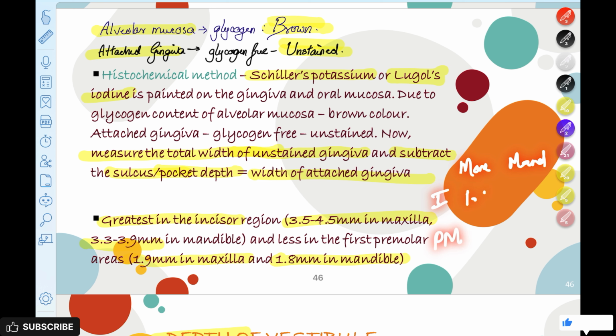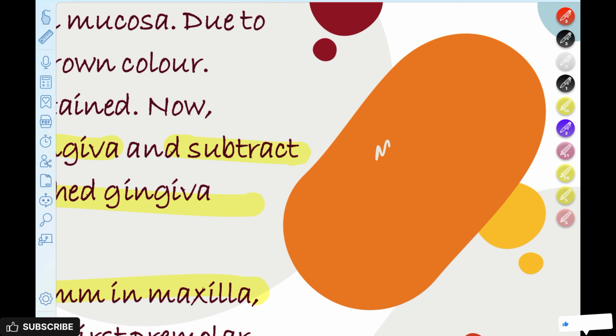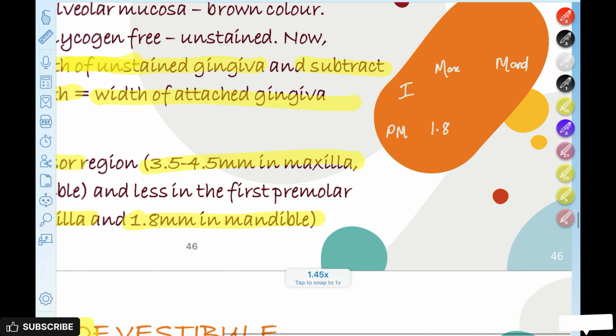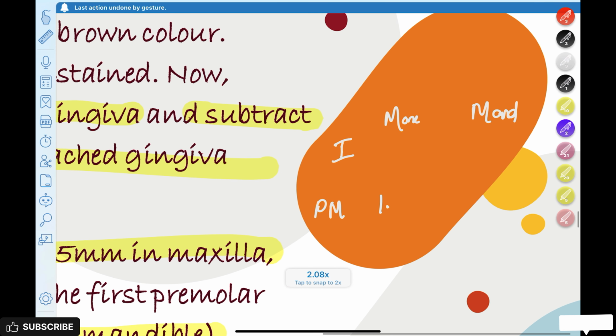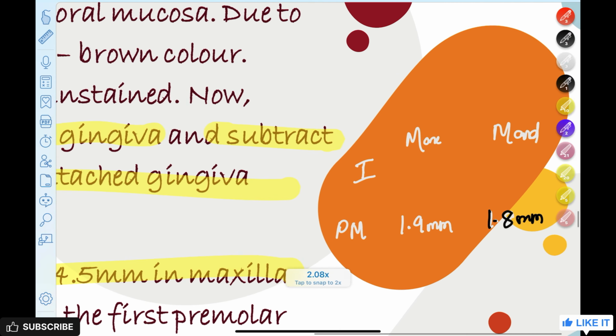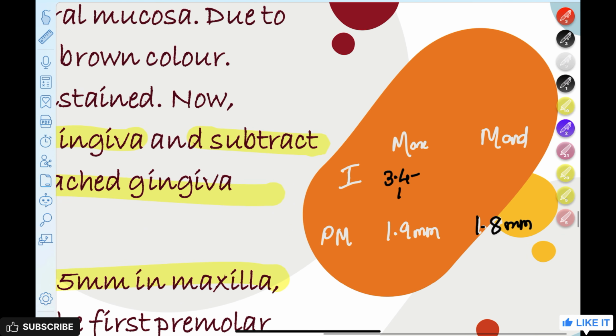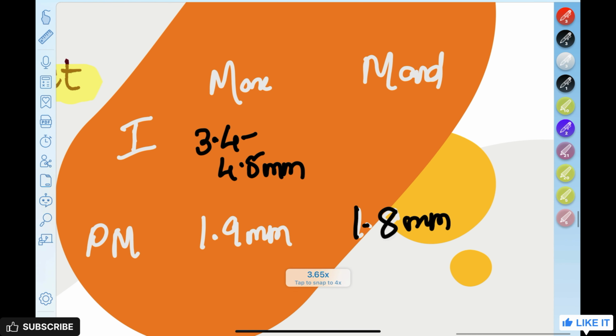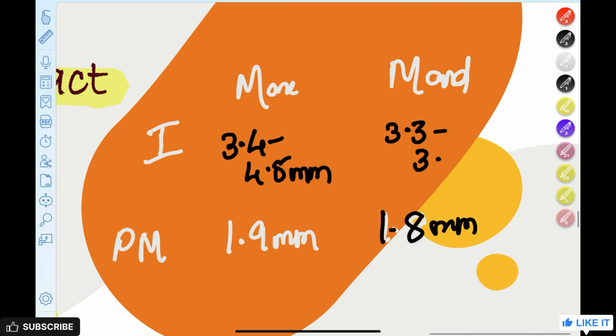In the incisor region, it is 3.4 to 4.5 mm in maxilla, and in the mandible 3.3 to 3.9 mm.